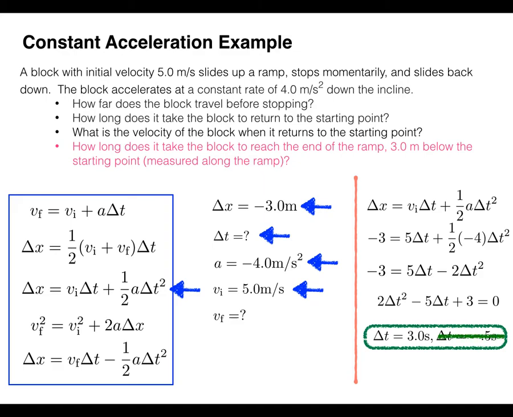We're going to get rid of the negative answer. We are looking for a positive value for delta t because we're assuming that this whole thing starts when time is equal to 0. But you can think about the physical meaning of the negative 0.5 seconds. If you imagine the movie that involves the block sliding up the ramp and then sliding back down, well, that started at t equals 0 and the block had an initial velocity at that time.